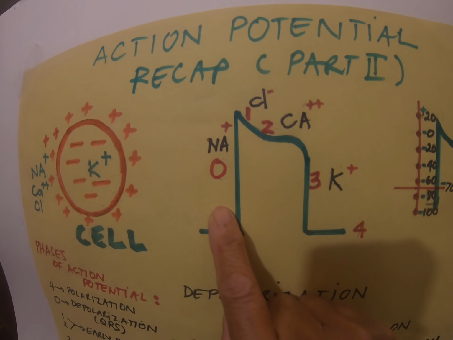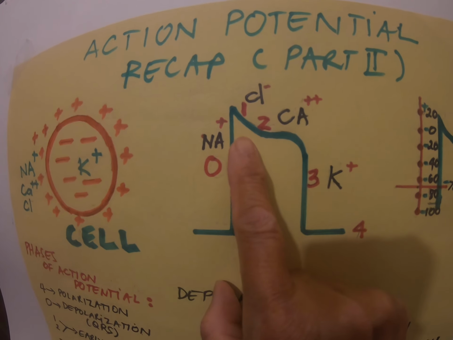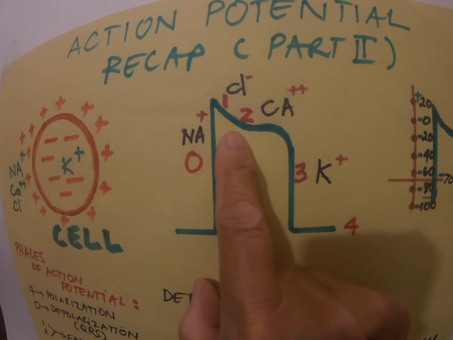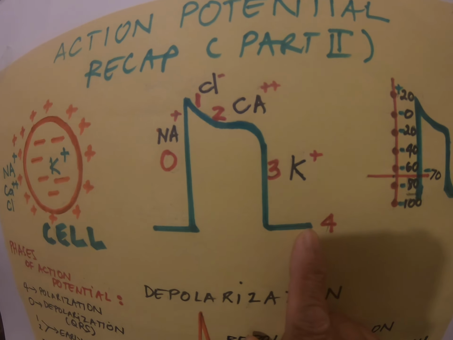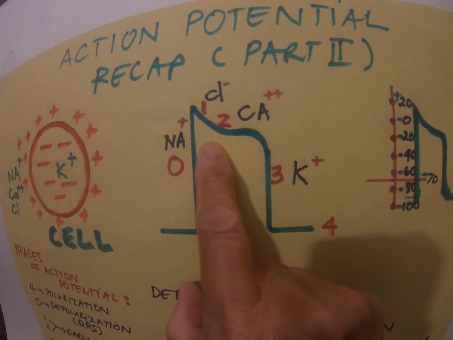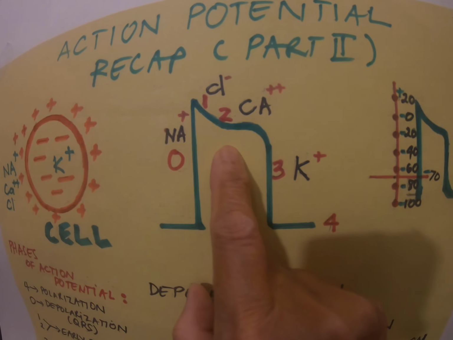There are fast doors here, and this is where they get in. And then on top, we have the chloride and calcium. These are 1 and 2, because sodium is 0 and polarization is number 4. So chloride and calcium are 1 and 2, and they are the early repolarization.